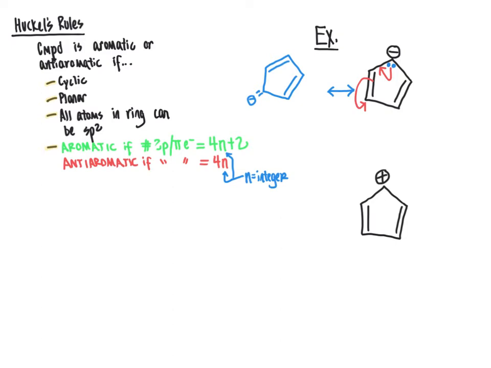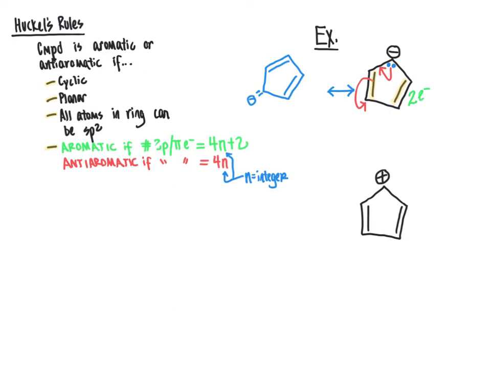Then we count our number of electrons to meet this criterion for aromatic or anti-aromatic. Looking at our structure, whenever we have pi bonds within the ring, those each contribute 2 electrons toward this count of 2p electrons or pi electrons.